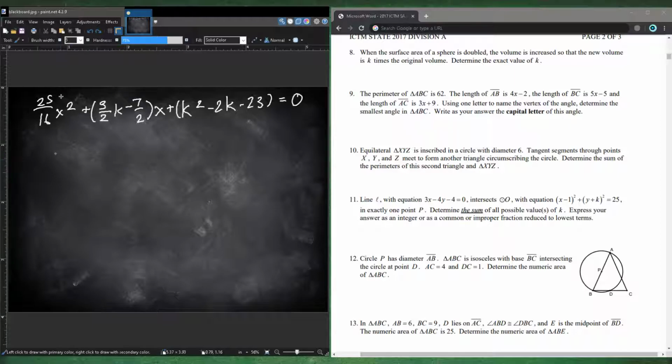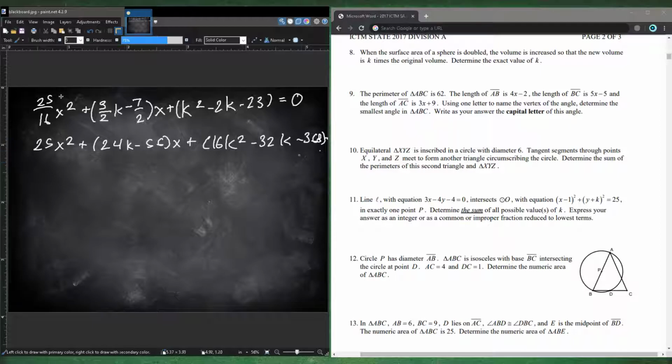So b squared, which is 3/2. Actually, let's multiply this by 16 first, so we simplify. So plus multiply by 8, 24k minus 56x. Then that's 16 minus 32k. And then 23 times 16, which is minus 368.